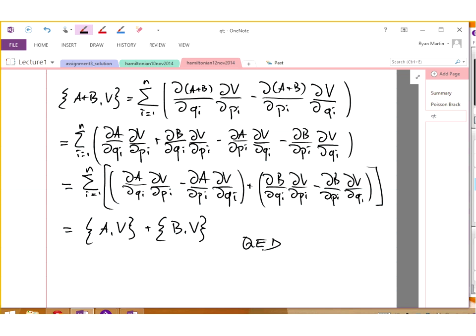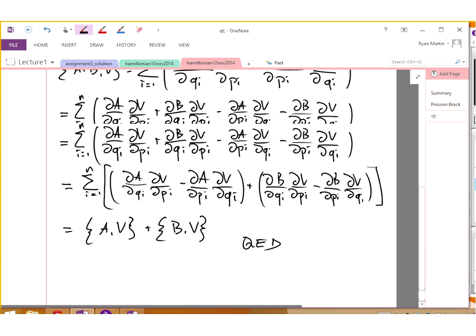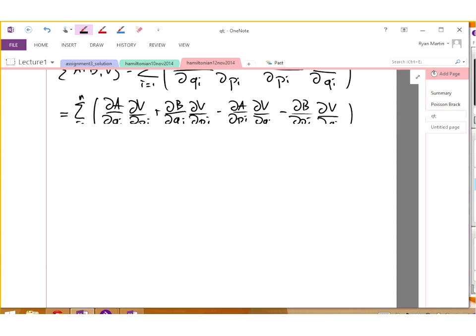So now that you're experts on Poisson brackets, let's see why we introduced them. As I said, there's a connection with quantum mechanics, and it turns out they're also related to this whole theme of symmetries and conservation laws in classical mechanics.